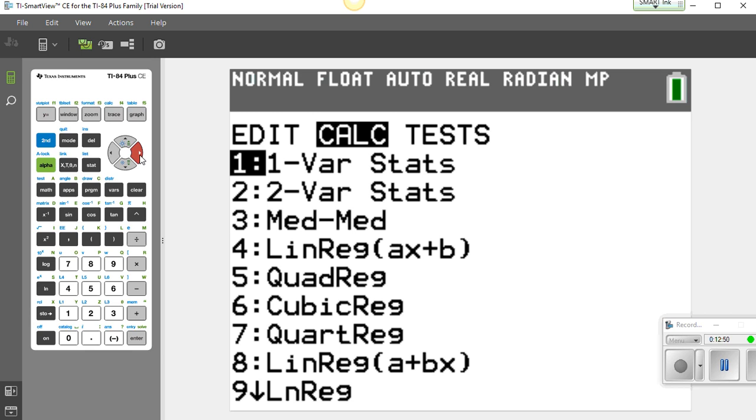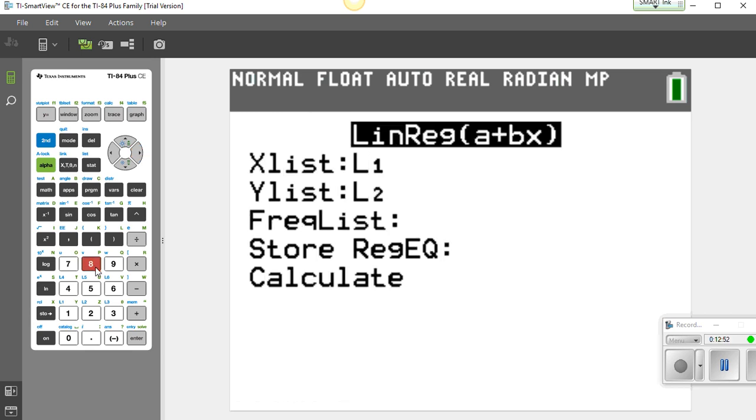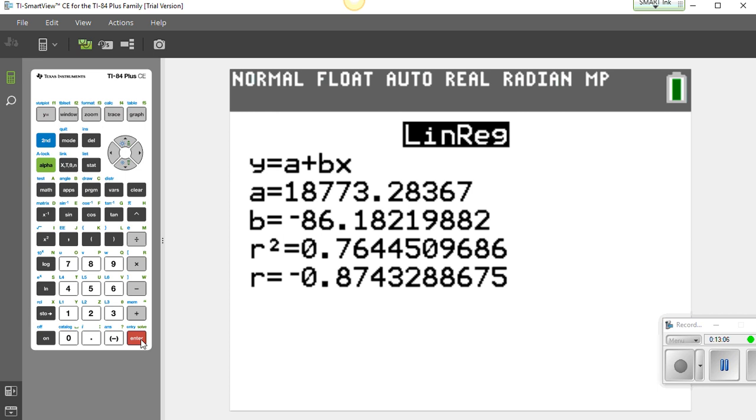You guys see that's number 8? All right, so I want you to hit 8. You guys see L1, L2 there? Make sure your x's are list 1 for your explanatory, y list 2 for your response. And then we're going to go all the way down to calculate, and boom, least squares regression line. So stat calc 8, and then you should get all this.